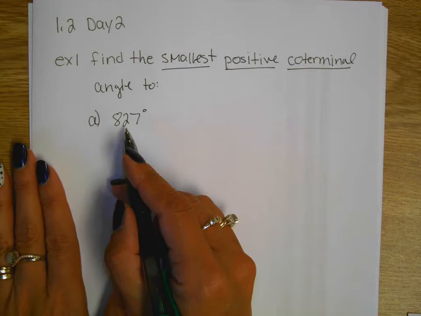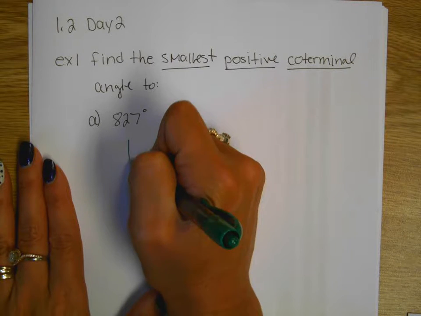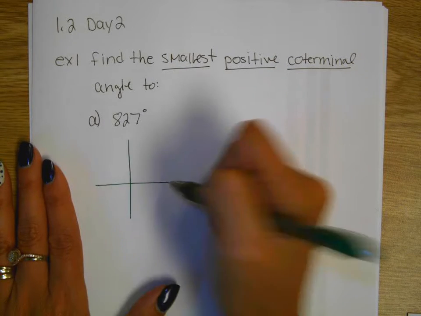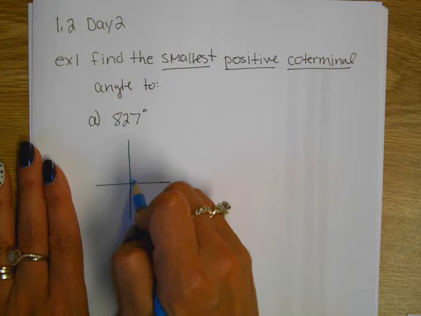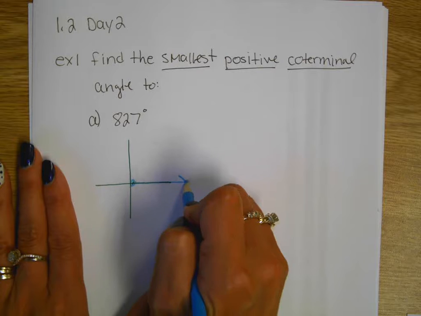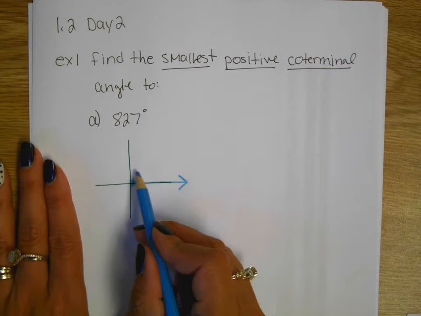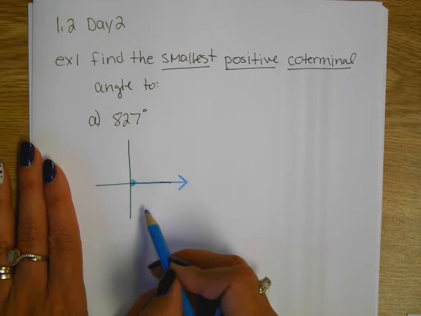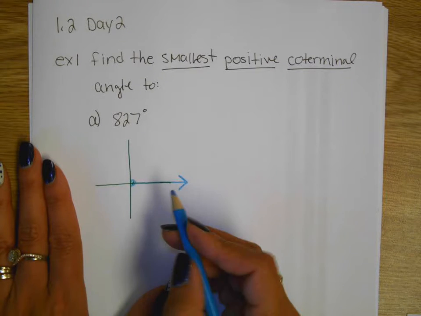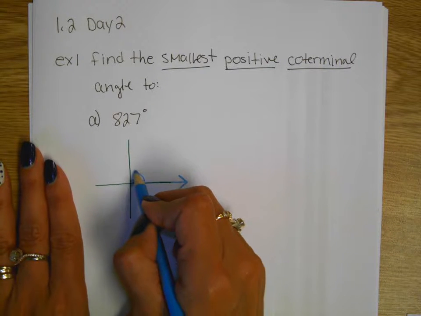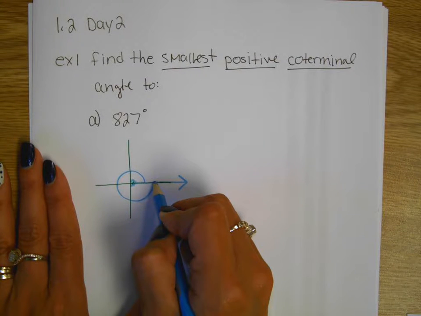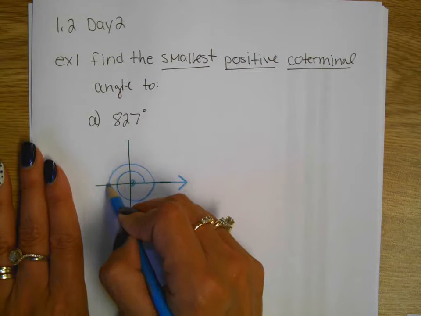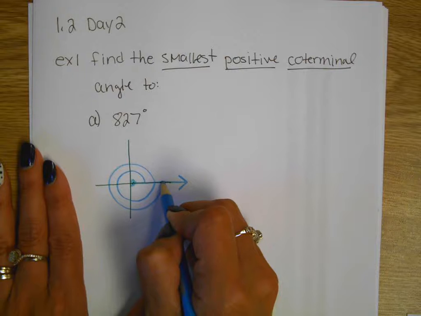Okay, so we had an 827 degree angle created by that rotation. So that means the angle started here, rotated counterclockwise 827 degrees. So let's see what that would look like. 360. 720.